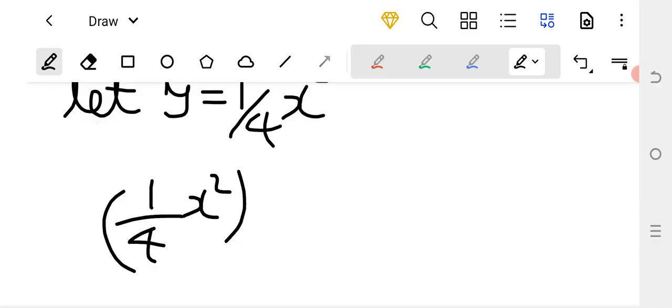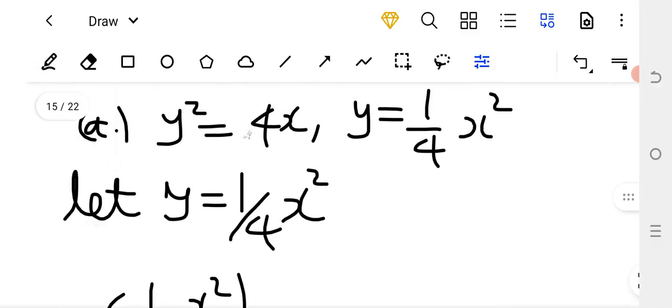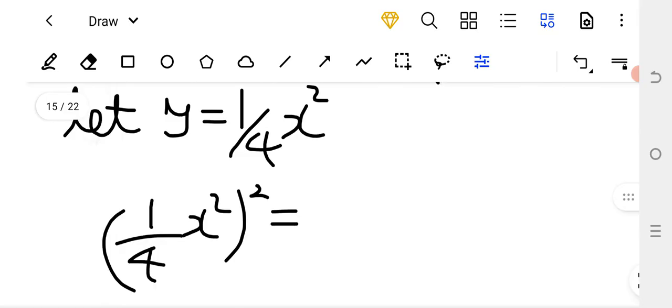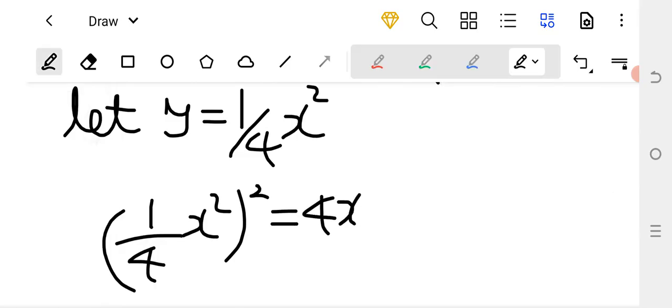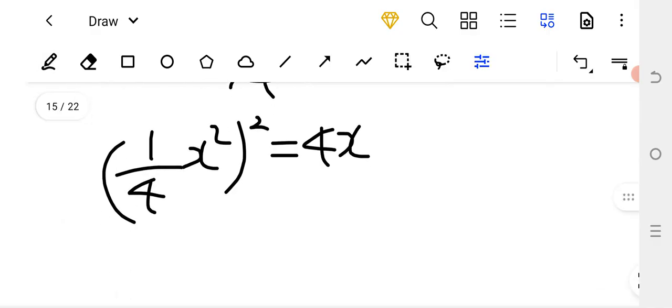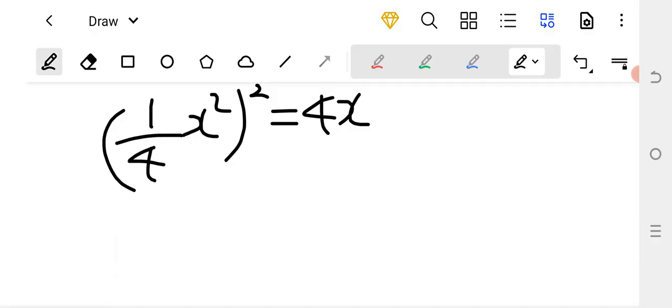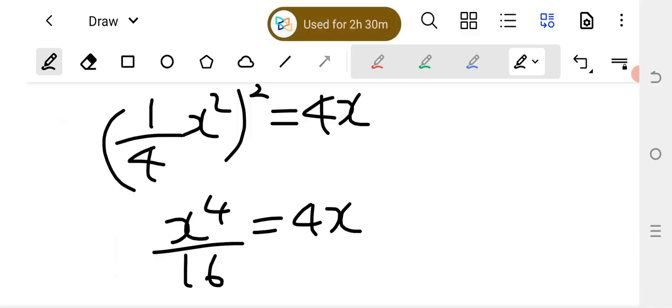So in place of y in this equation, which has to be squared, is equal to 4x. Simple as that. Then to continue, x squared to the power 2 is x to the power 4. Then 4 to the power 2, which is 4 squared, is 16, is equal to 4x.